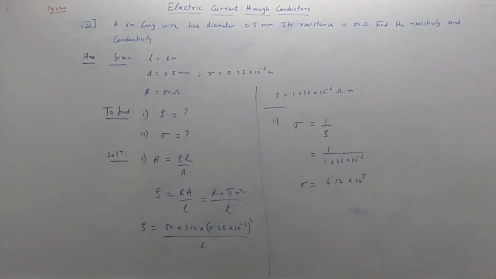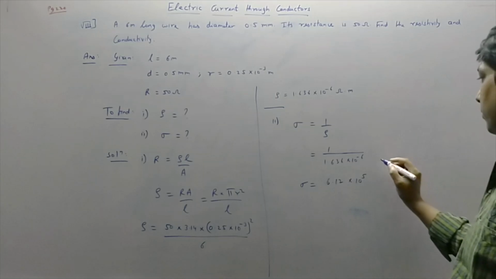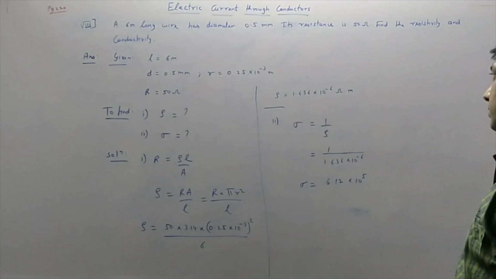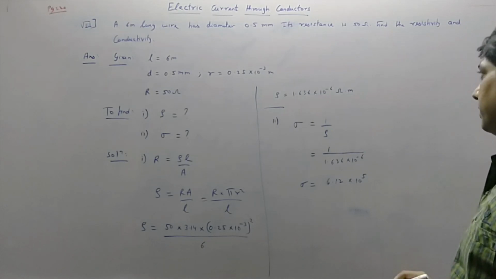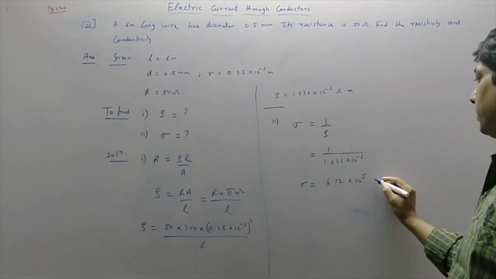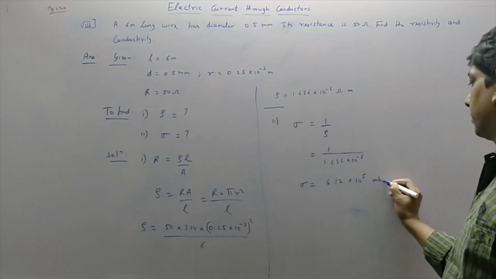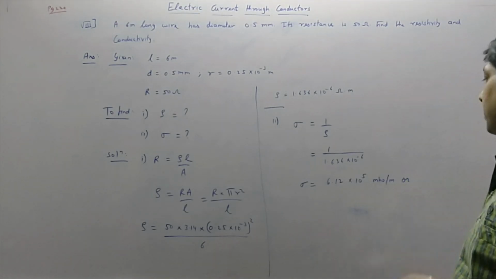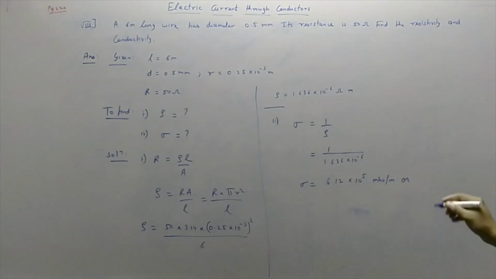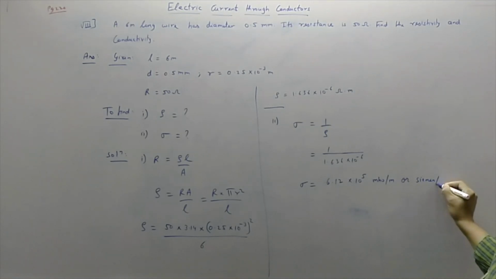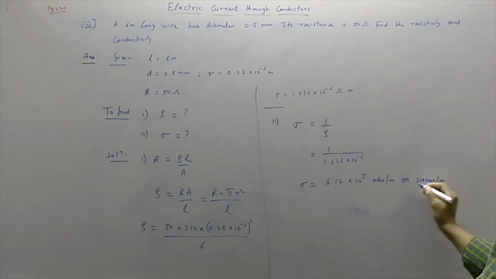The unit is 1 upon ohm meter, which we can write as mho per meter, or sometimes called Siemens per meter. Siemens per meter is the unit of conductivity.